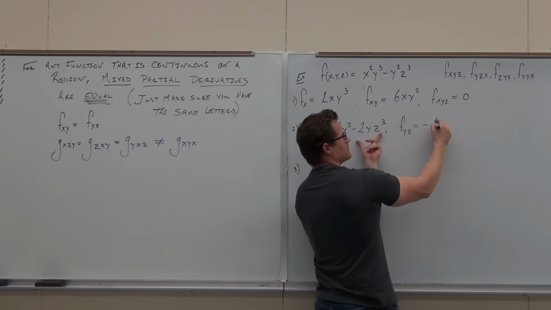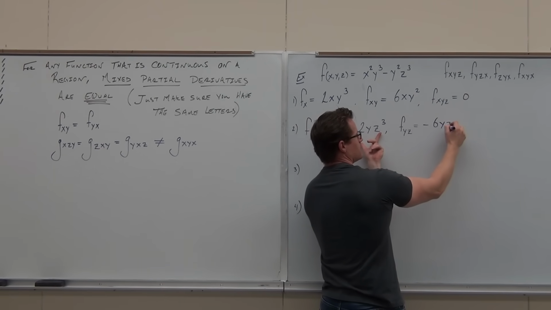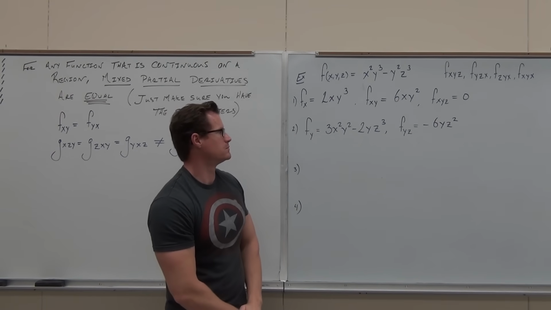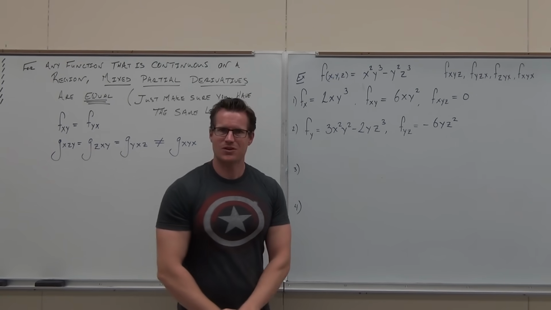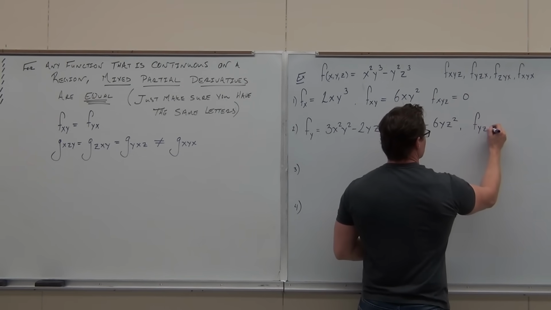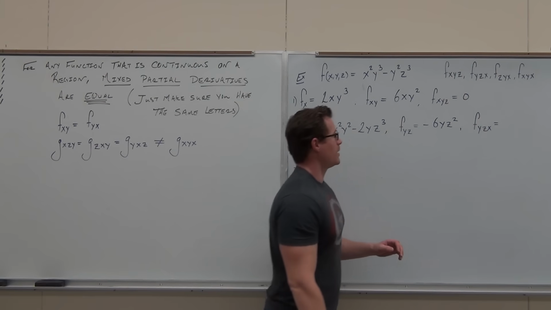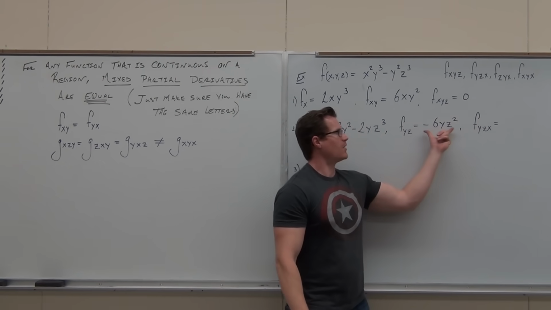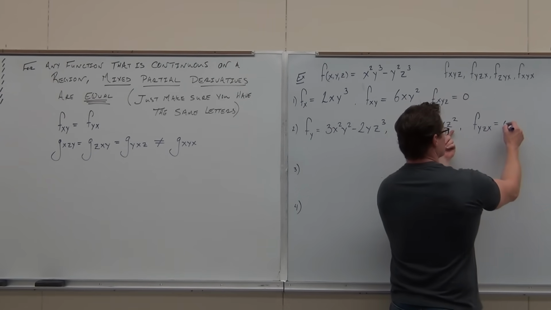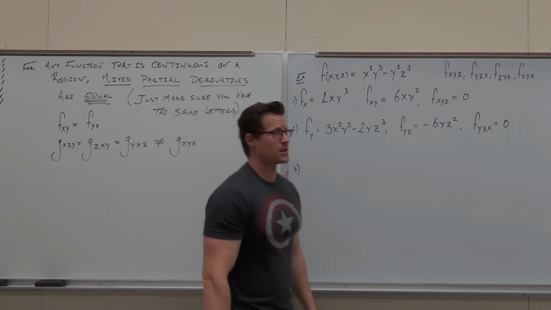This, negative 6y z squared. Did you make it that far? Good for you. And now it says, from where you just were, now x is your variable. Come on, everybody, what's the derivative of this thing with respect to x? 0. They're already the same. That's kind of cool.